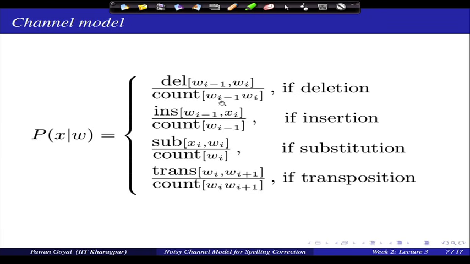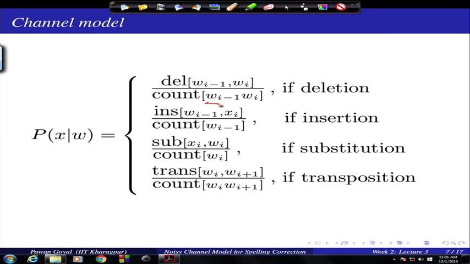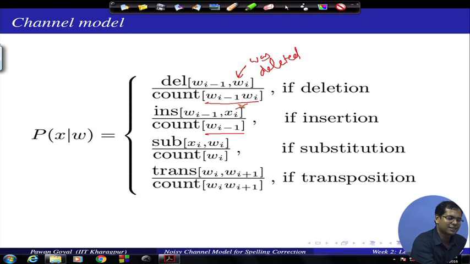We said how many times this character bigram w_{i-1} w_i occurs in my corrected corpus, and among those how many times w_i was deleted after w_{i-1}. Similarly insertion: how many times the character w_{i-1} occurs in my corpus, and among those how many times I inserted x_i in my real corpus where people made mistakes, how many times they actually inserted x_i after w_{i-1}.